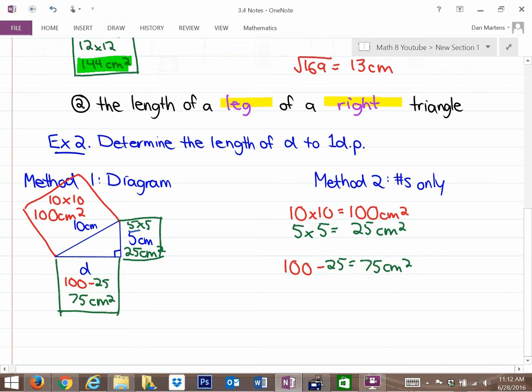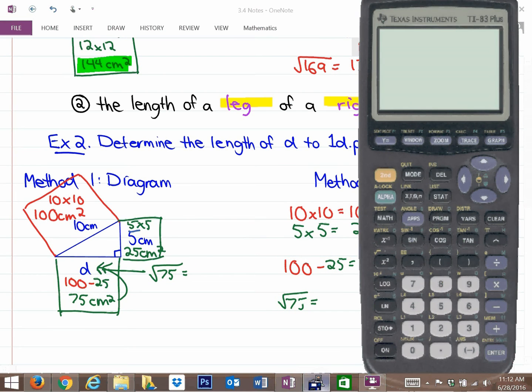And again, to get the side length, as you saw in the previous example, you're going to take the square root of that area, so the square root of 75. Since it's not a perfect square, it will be a decimal number. The square root of 75 is 8.66.